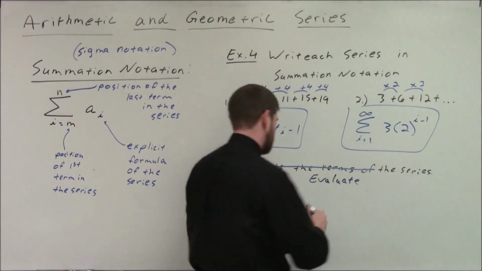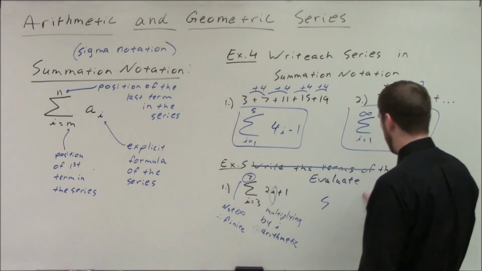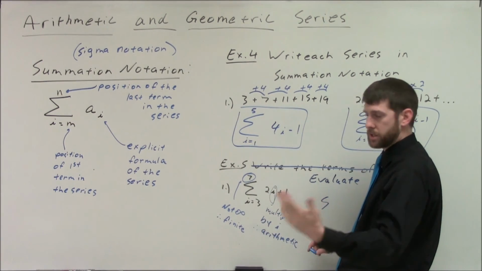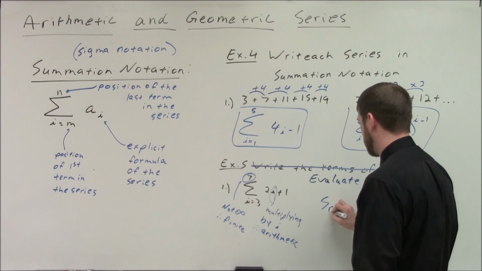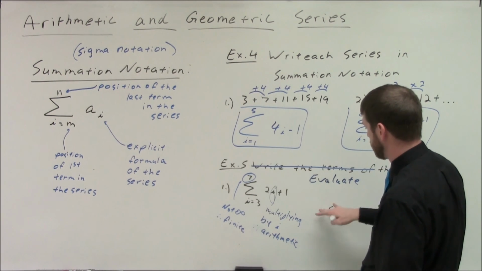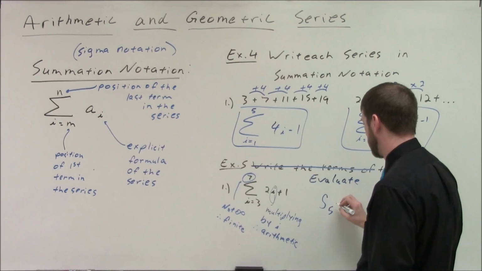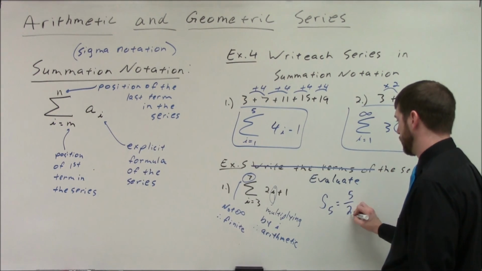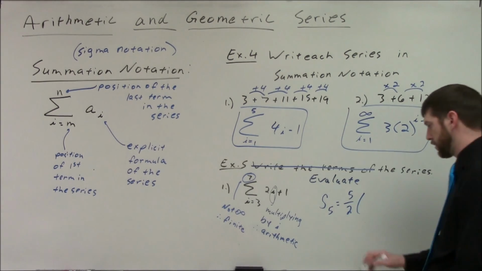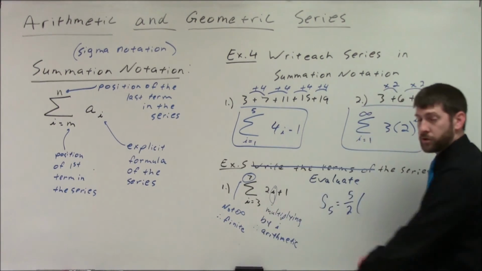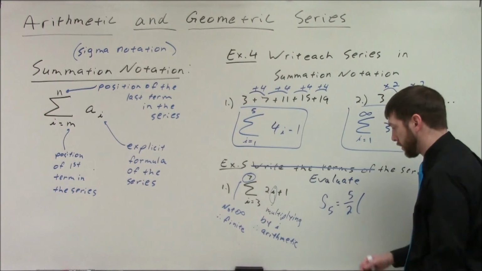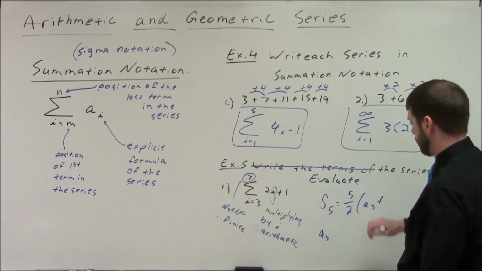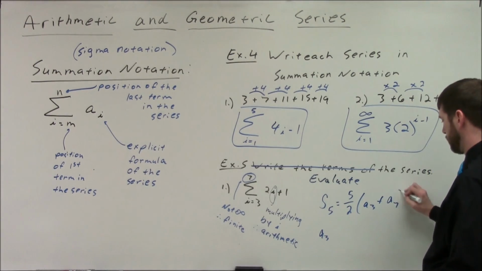Well, how do we find the sum of a finite arithmetic? How many terms are we adding up here? 5 of them, right? The third, the fourth, the fifth, the sixth, the seventh terms. So the sum of the first 5 terms is going to be n over 2, 5 over 2, times a1, which is the first term that we're adding up. In this case, it's the third term, so a3, plus a7.